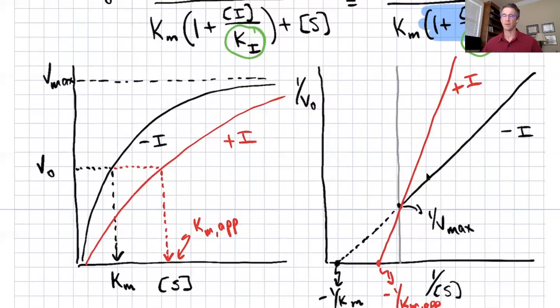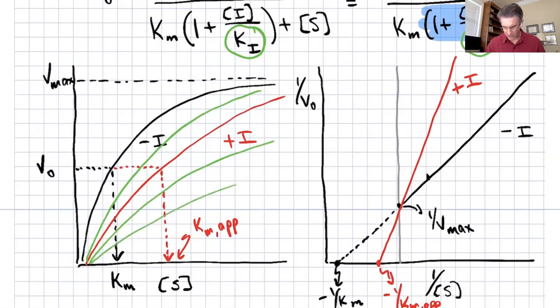You do a whole series of experiments. You pick a set of conditions where your enzyme is good, and then you run a whole family of inhibition experiments at different concentrations of inhibitor, where your inhibitor concentration is increasing.